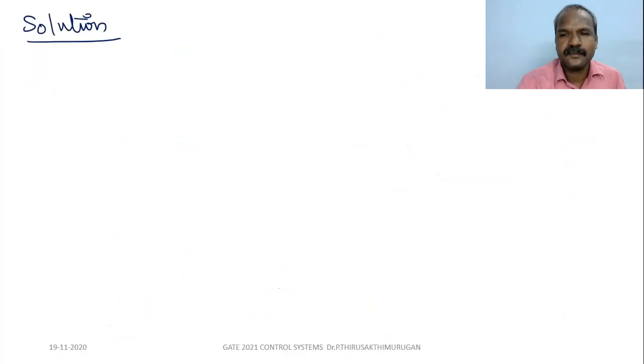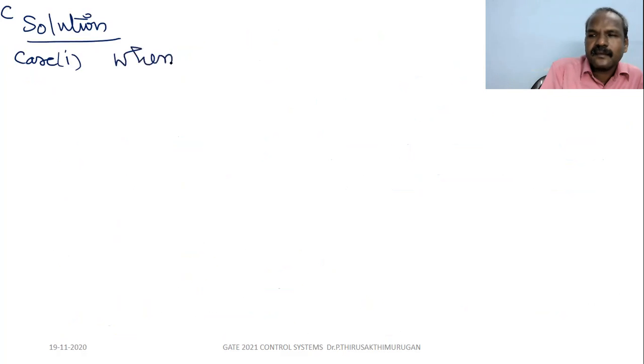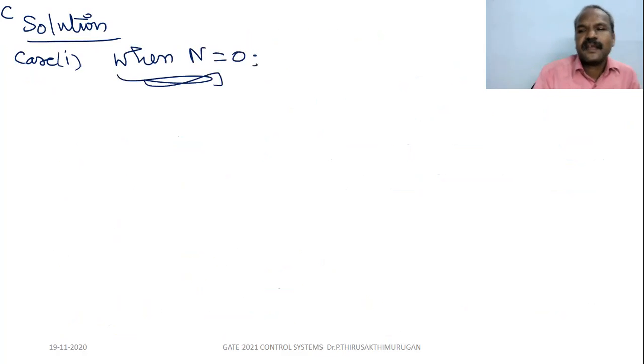While keeping n equal to 0, what is the number of loops? Totally there are 3 loops.